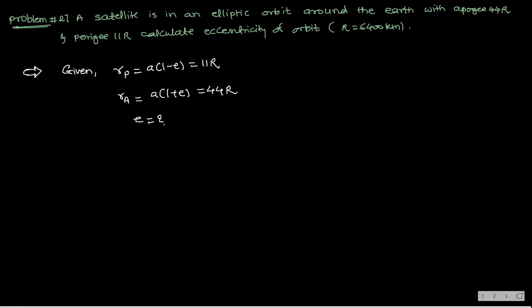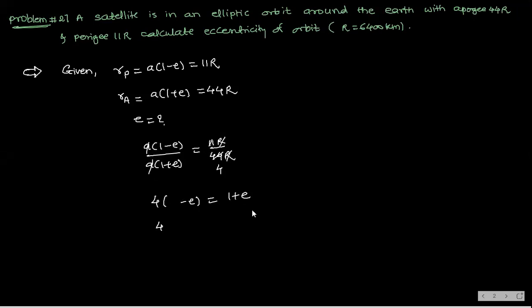A into 1 minus E divided by A into 1 plus E is equal to 11R by 44R. This R cancels, A cancels. This is 4. So 4 into 1 minus E is equal to 1 plus E. This is 1, right?